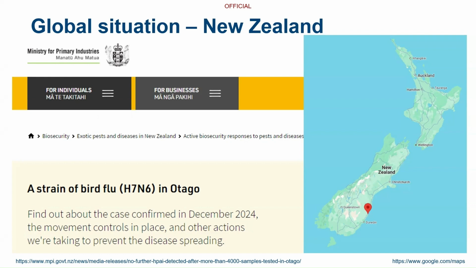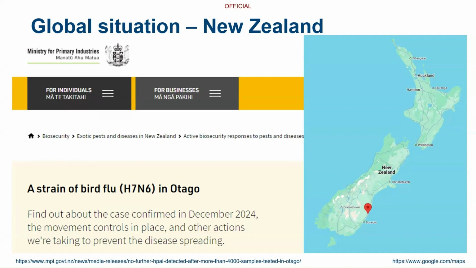However, unlike here in Australia, where we've had sporadic spillover events where poultry become infected with the LPAI from wild birds, and then it mutates into HPAI and causes an outbreak, this has never happened in New Zealand before. This was their first occurrence of HPAI in the country.